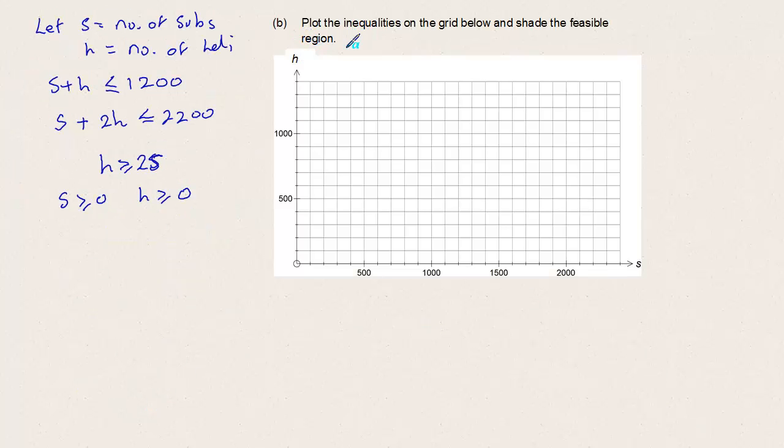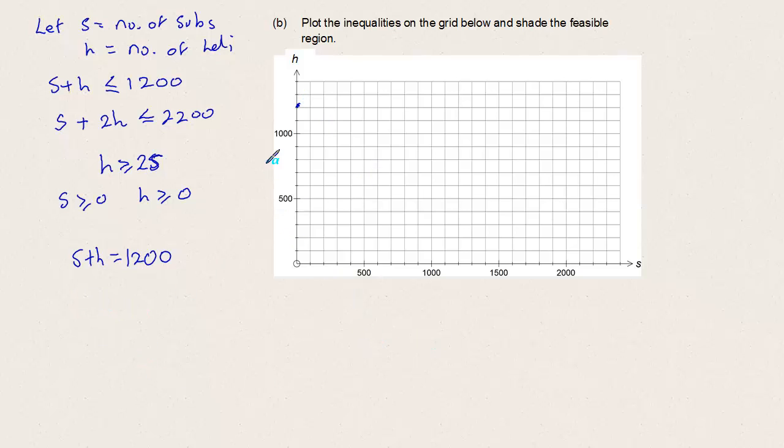We now want to plot the inequalities on the grid below and shade the feasible region. So the boundary for this one will be S plus H equals 1,200. When S is 0, H is 1,200, which puts it just here.